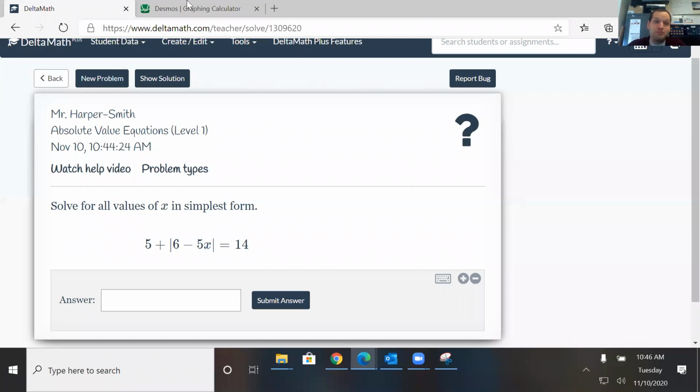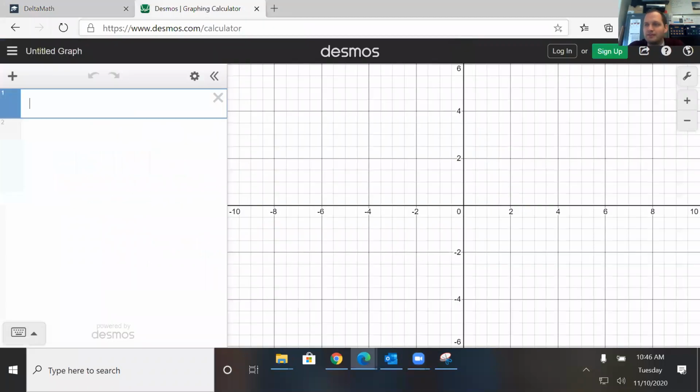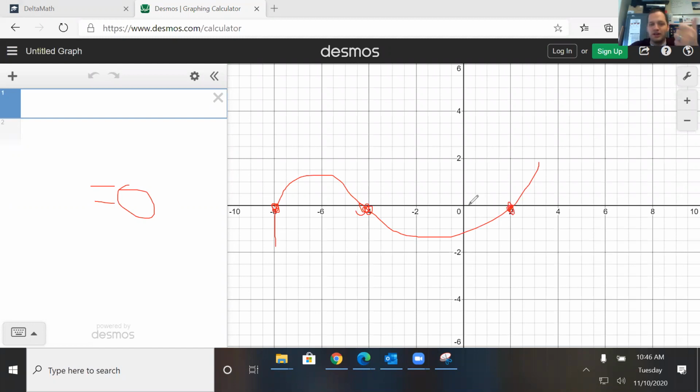Now, here's what I'm planning on doing. I'm planning on graphing this, and I'm going to have the whole equation equal to 0. And whenever the equation crosses the x-axis, or whenever it's 0, those are my answers. So if that's the equation, it crosses at -8, -4, and 2. Those are my 3 answers.